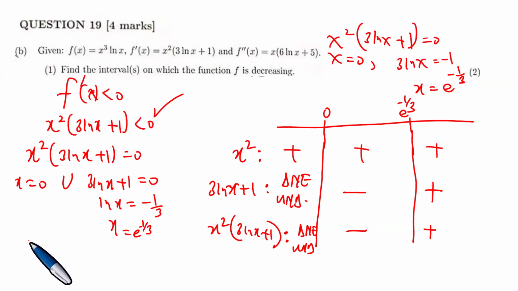Whenever x is less than 0, you have does not exist or undefined. For x bigger than 0, you have a negative, so it's decreasing here, but it is again increasing there.